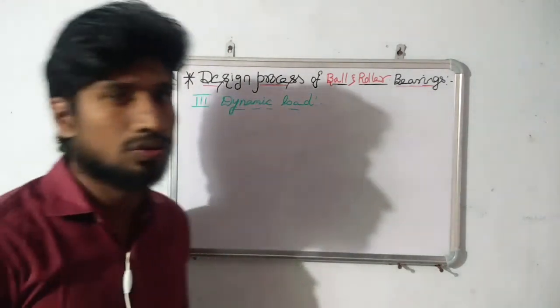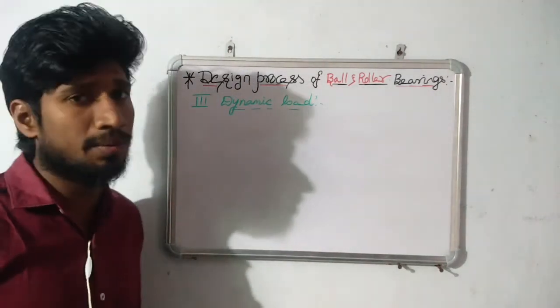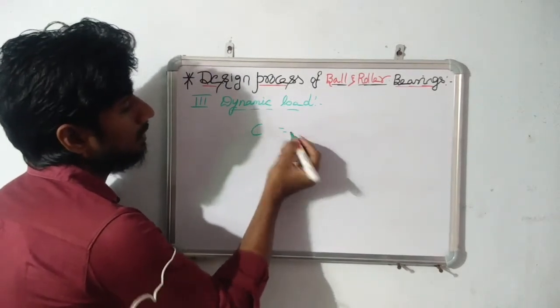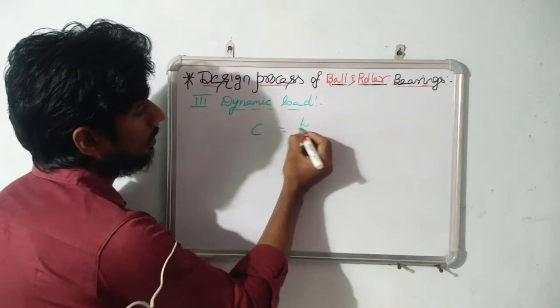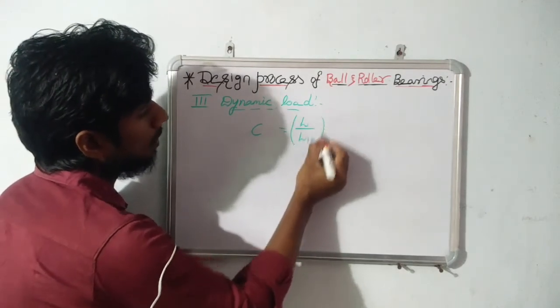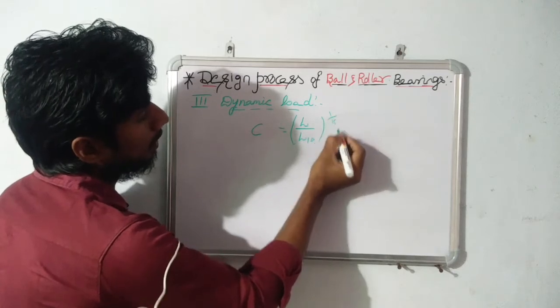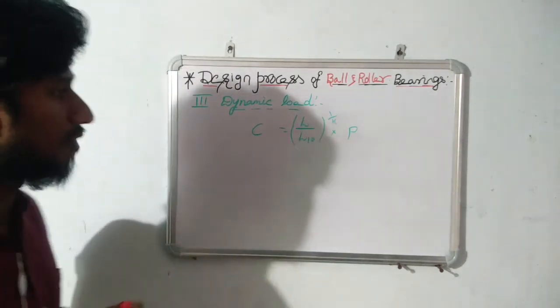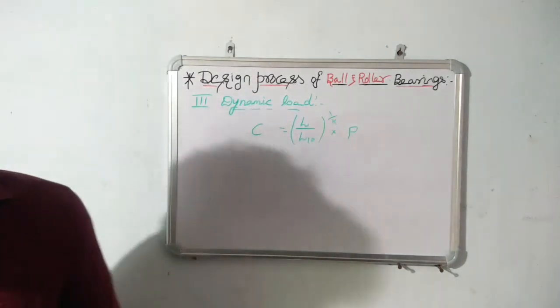Dynamic load. So here we are going to find out the dynamic load. It is denoted by capital C. So that is equal to (L by L10) whole power 1 by K into P. So it is the formula to find out the dynamic load here.